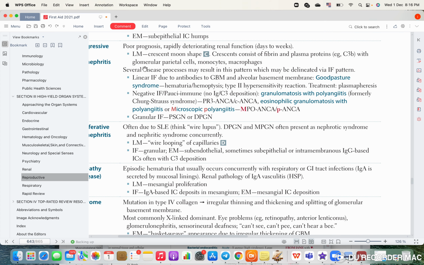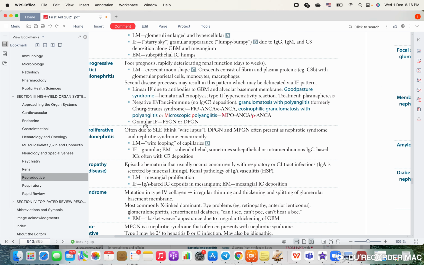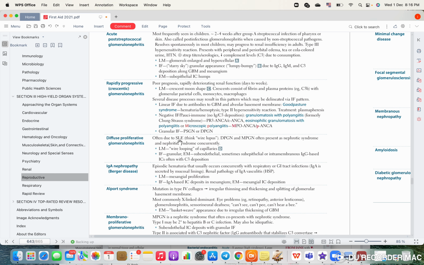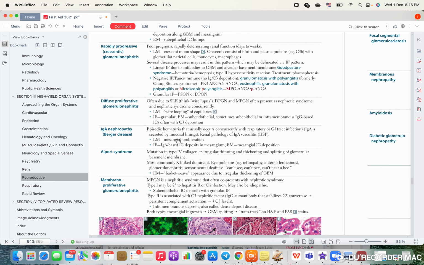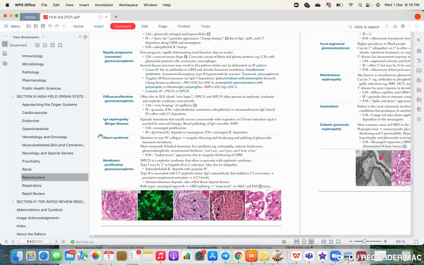While if we speak about, for example, post-streptococcal glomerulonephritis or diffuse proliferative glomerulonephritis, both of these are considered a crescentic form of glomerulonephritis, but they will have a granular deposition. Okay?